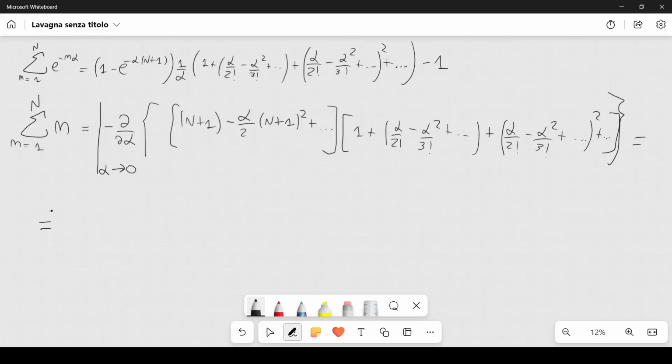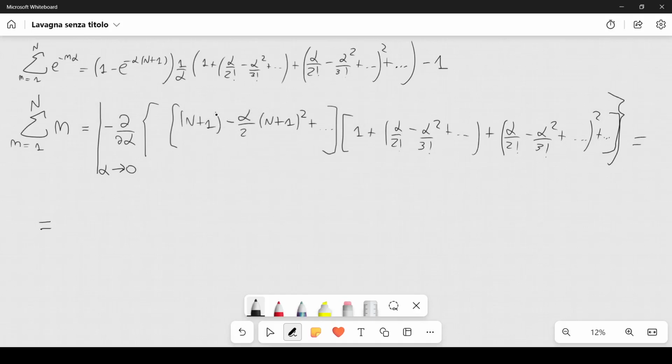I only have to be interested in terms that are linear in alpha. Because when I take the derivative of a term that is linear in alpha, I'm going to get the result, because if I let alpha go to 0, that constant term does not go to 0, right?